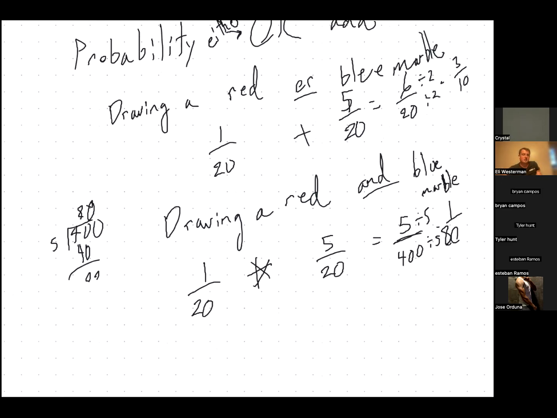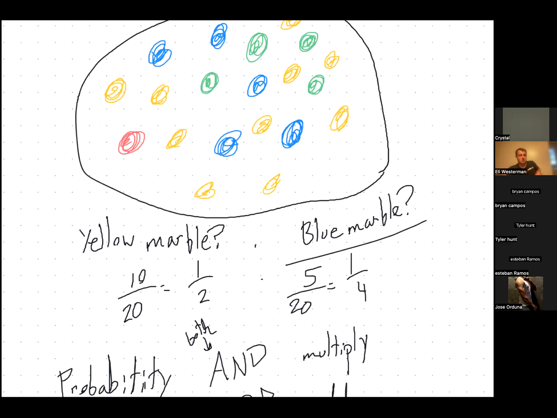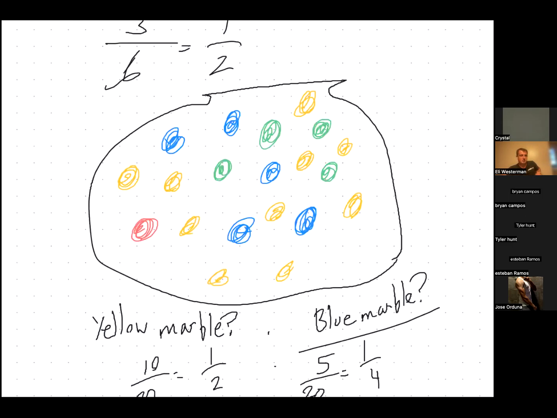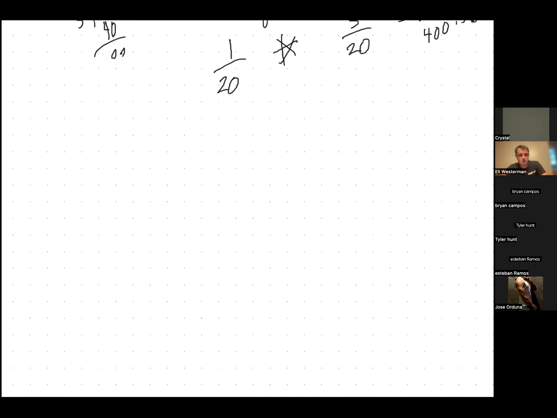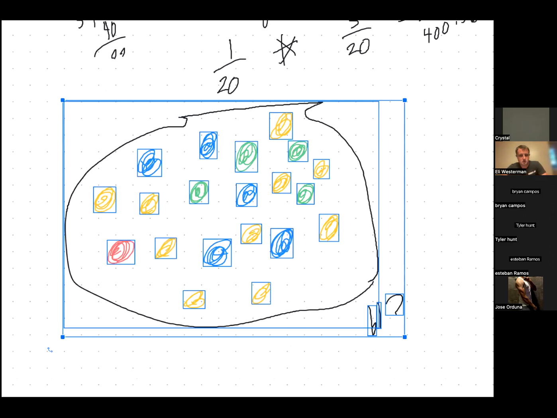So let's try with these examples. I'm going to bring my marbles down. Give me a minute. I'll bring them down. All right. Delete this part.